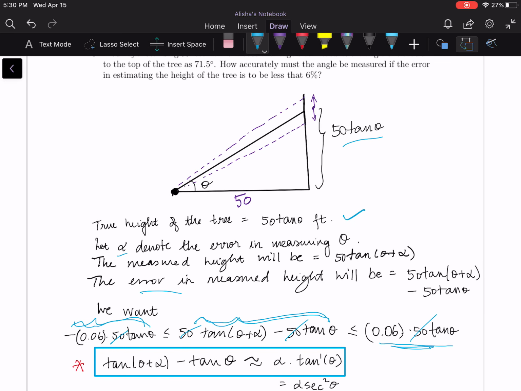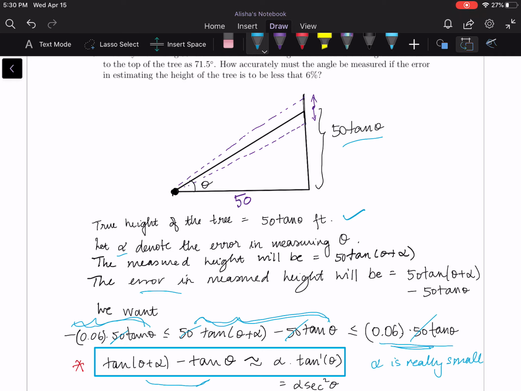Just because of the definition of a derivative, if alpha is really small, then alpha times the derivative of tan theta is going to be a good approximation for tan(theta plus alpha) minus tan theta. So my next big hint is that we're going to use the fact that this difference here is approximately alpha times the derivative of tan theta.